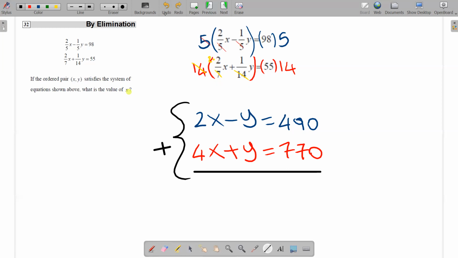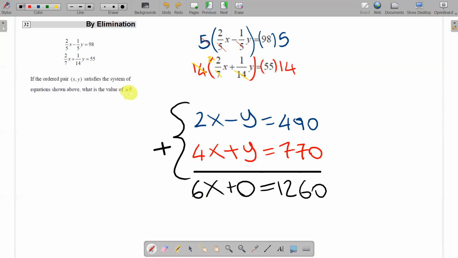And here, that's what happened with the y value. In fact, -y plus y will give us 0. And so our equation now will look like this: 6x equal to 1,260. Remember, the question was asking to find just x, and that's exactly what we have in our new equation.